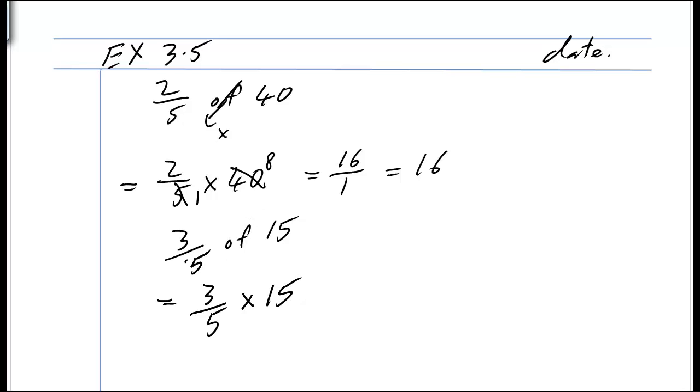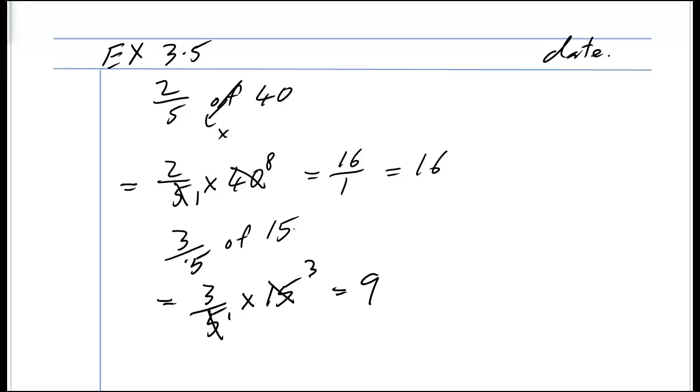So we replace the word of with the times, and then we simplify it. Will 5 go into 15? Yes, it will. 5 will go into 15 3 times, and it'll go into itself once. 3 3s are 9, 9 over 1. So 3/5 of 15 is 9.